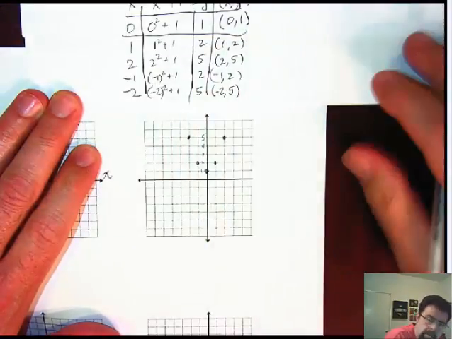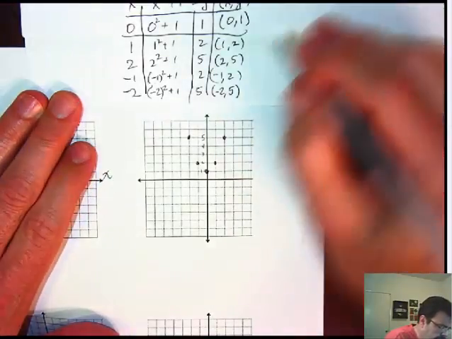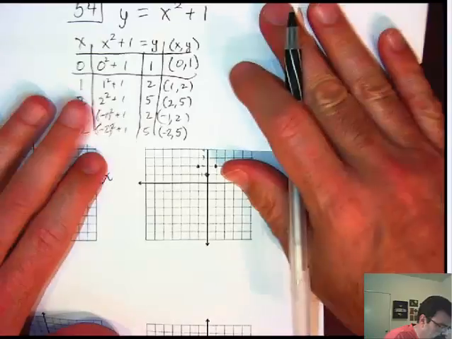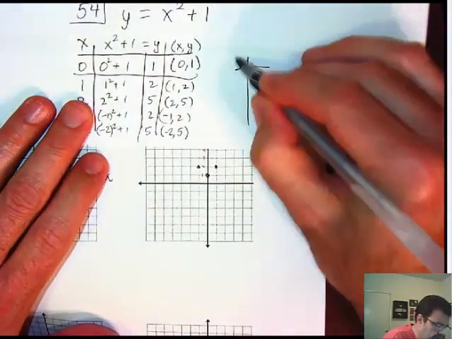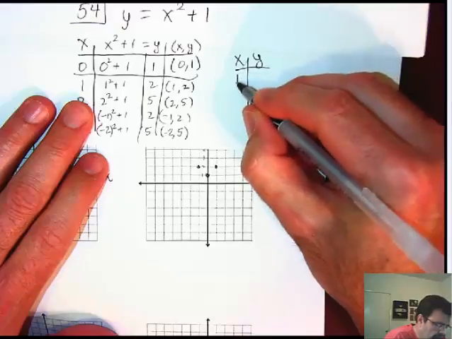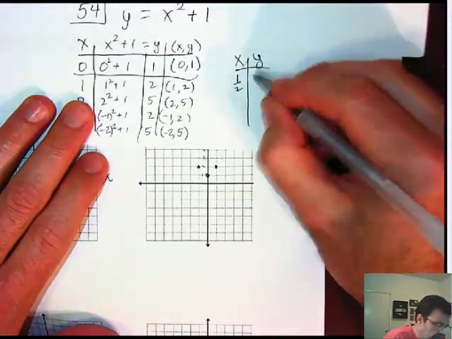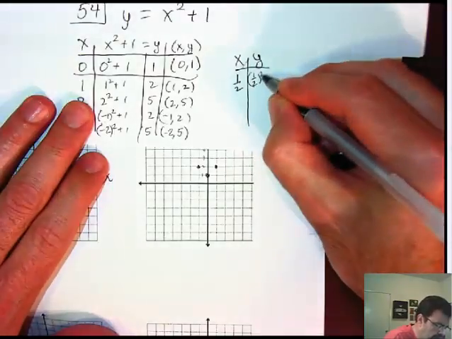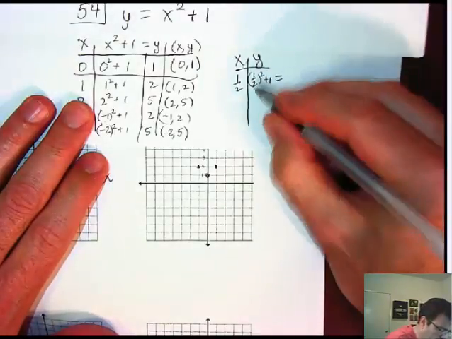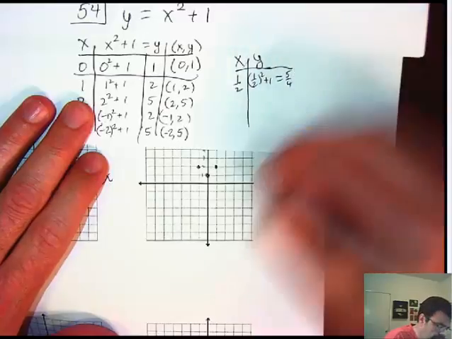Now, if you don't know what the shape is, that's not enough points. So you'd have to go back to your chart. I'll do the abbreviated version. Like if I put in 1/2, that's 1/4 plus 1, that would be 5/4. So I plot 1/2 and 5/4.